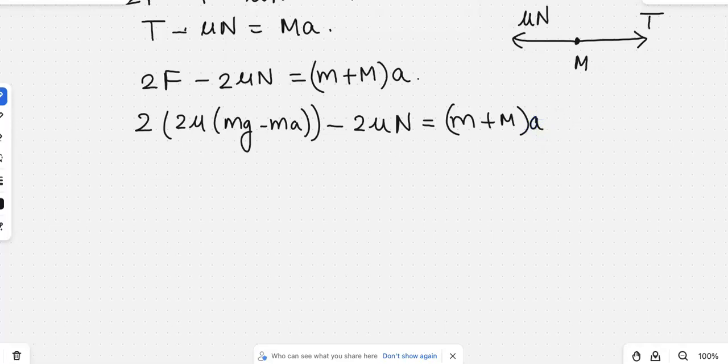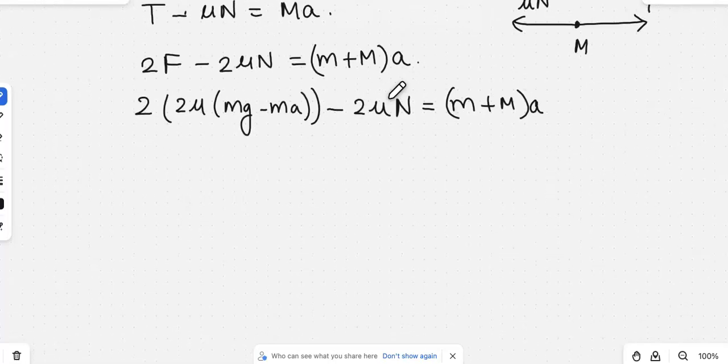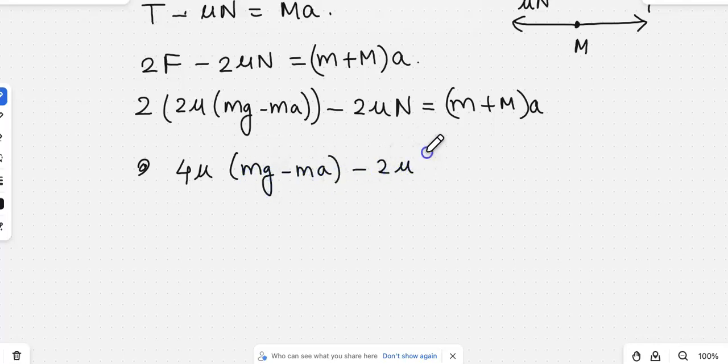But what is the n value? From here you can see again the same thing. N plus small ma is equal to mg. So n is equal to mg minus ma. So I will put that directly, mg minus ma. So this will become 4 mu times mg minus ma minus 2 mu times mg minus ma.